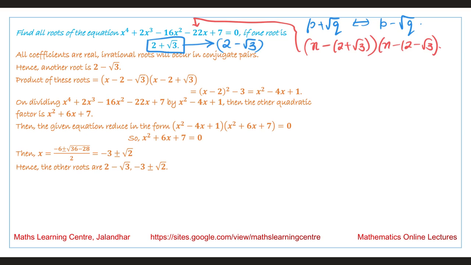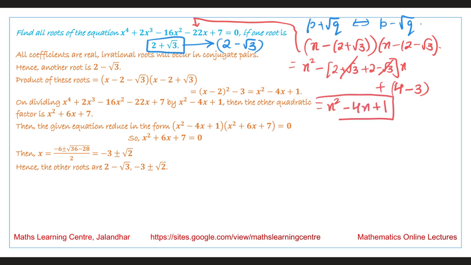Now if we multiply both these terms, the answer we obtain is x square minus 2 plus root 3 plus 2 minus root 3 x, and then plus 4 minus 3. So this is equal to x square minus 4x plus 1.